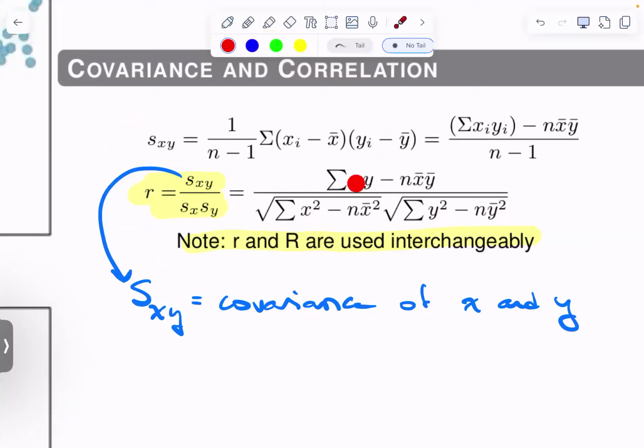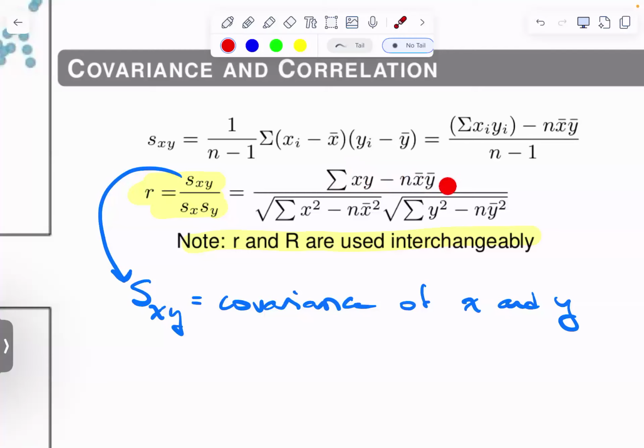So the correlation, if you use Excel to find the correlation, for example, this is the formula that I would use, which would be the sum of the x's times the y. So in your data set, you'd have your x column, your y column, and then you could make a new column where you multiply the two together and then add those up. That's the sum of your x, y's. You have your sample size, which is the number of points. And then you can find your x bar, which is the average of the x's.